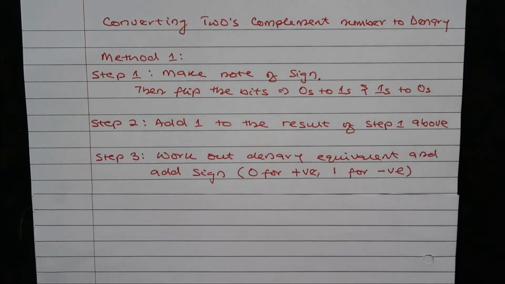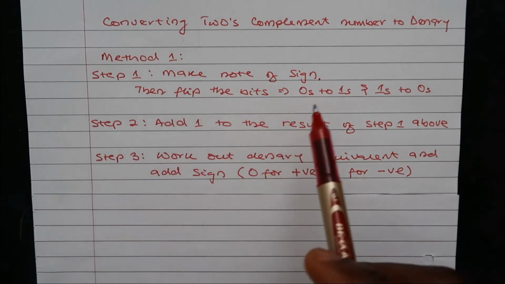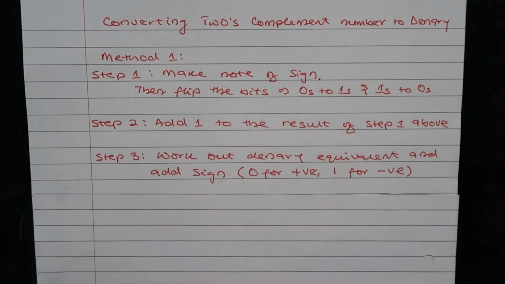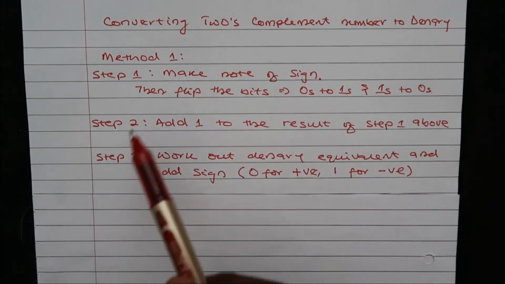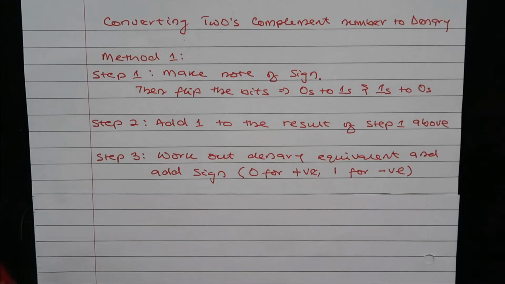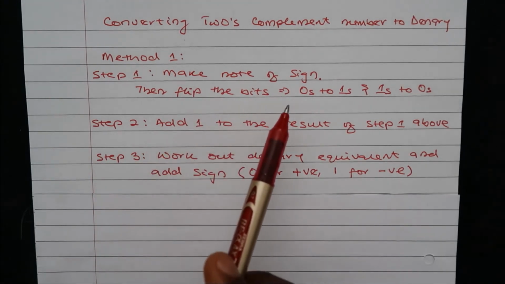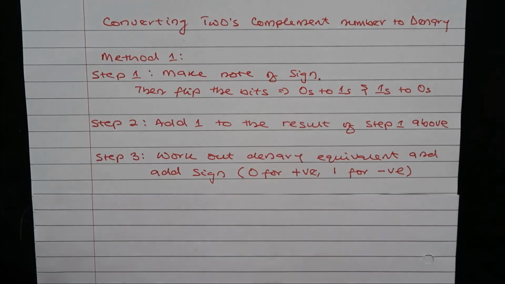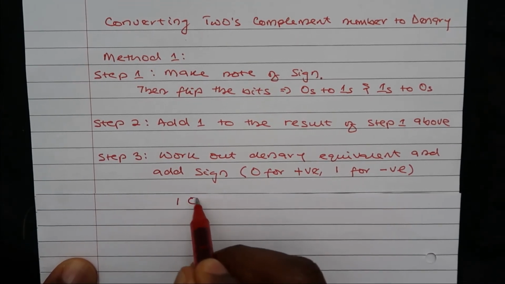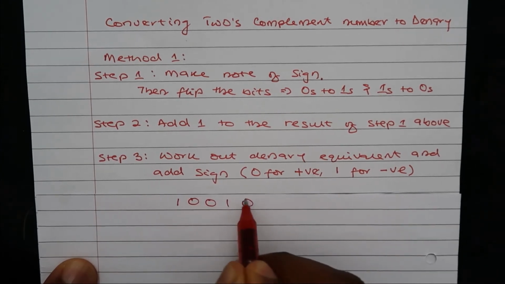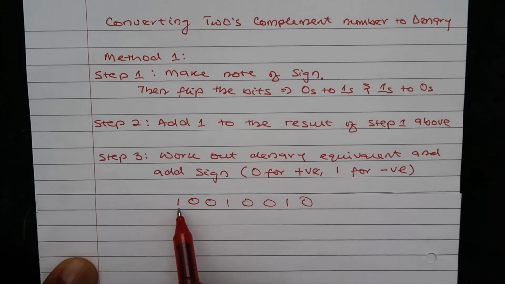Now, if for example we're asked to convert a 2's complement number to denary, one method you can use can be broken down into the following steps. The first thing you want to do is make note of the sign of that 2's complement value. If the value is 1, 0, 0, 1, 0, 0, 1, 0, for example, you make note of the sign.